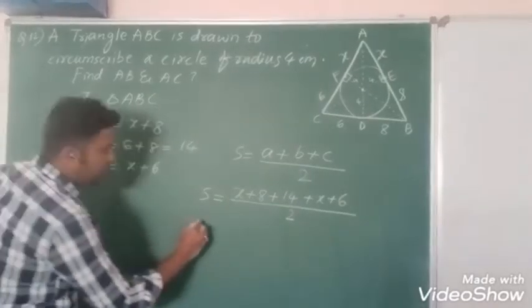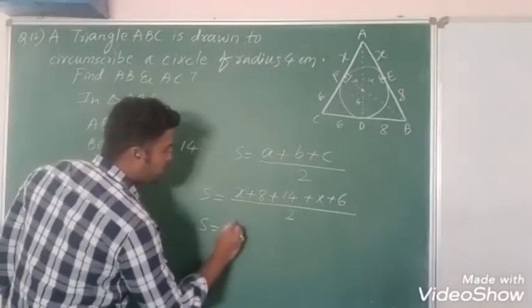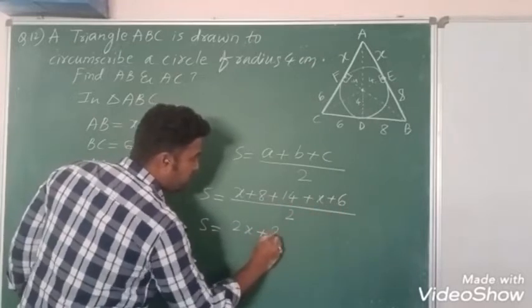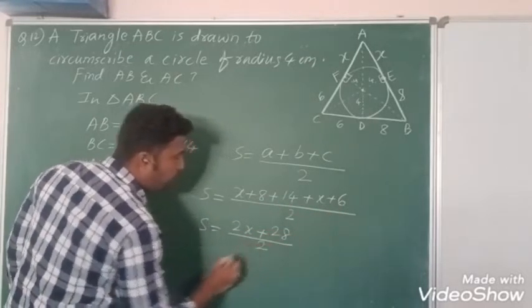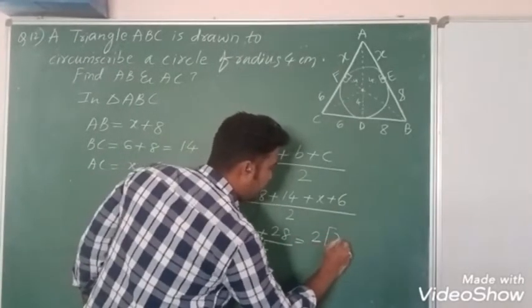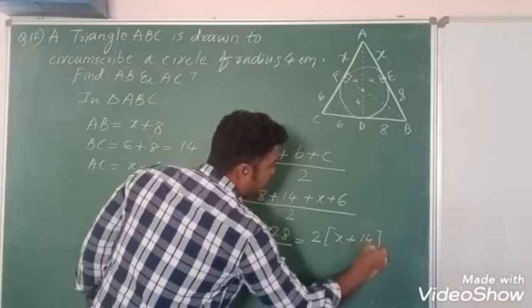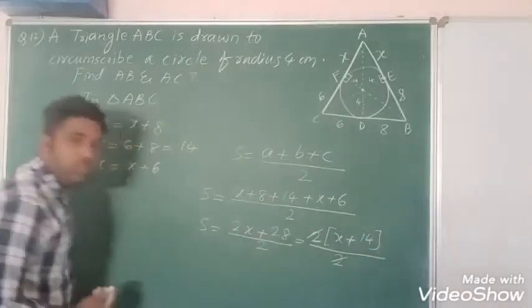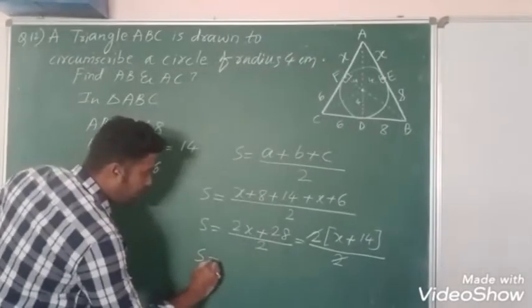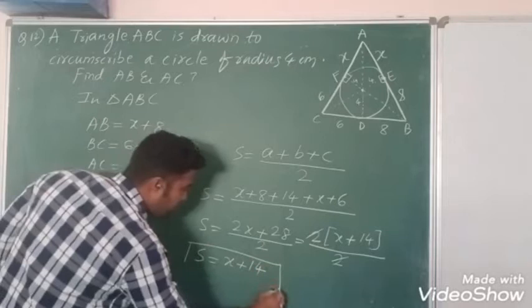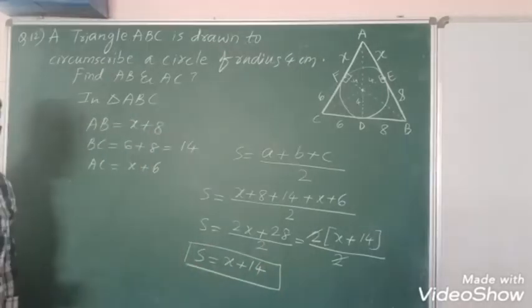Then if you add it, you get S equal to x plus x is 2x, plus 14 and 14, that is 28, by 2. Now if you take 2 as common outside, you get 2 times x plus 14 divided by 2. This 2 and this 2 get cancelled. So we will get the semi-perimeter S equal to x plus 14. Remember this is the first term in Heron's formula.